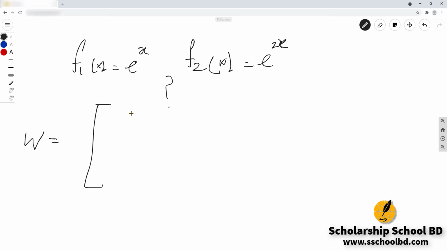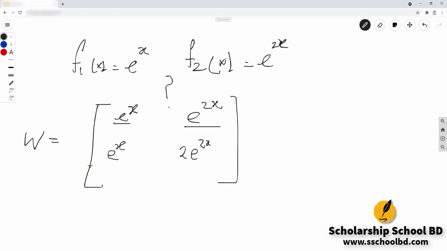The first row would be the given functions, e to the power x and e to the power 2x. And the second row would be the first derivatives of these given functions. The derivative of e to the power x is e to the power x, and the derivative of e to the power 2x is 2 times e to the power 2x.